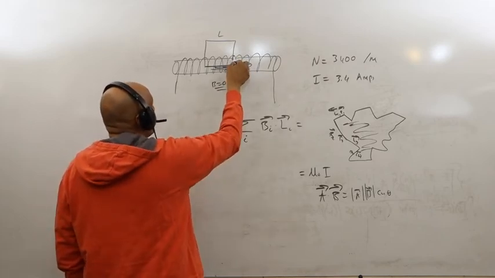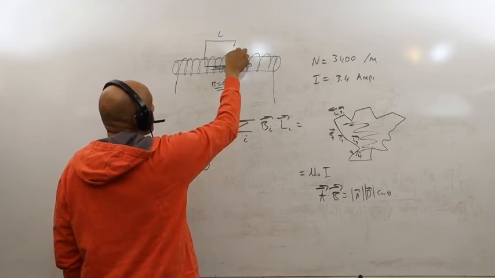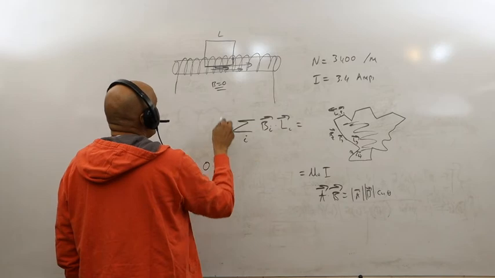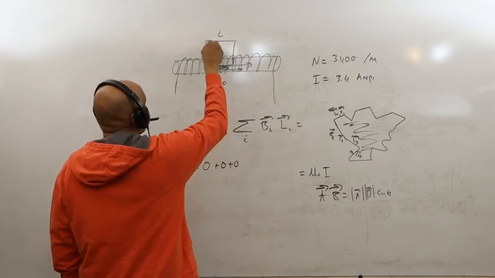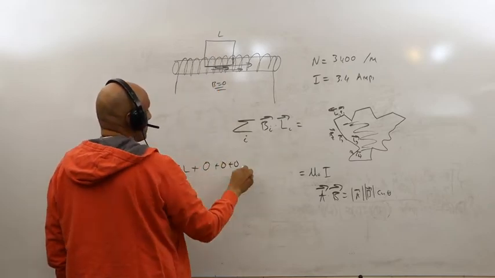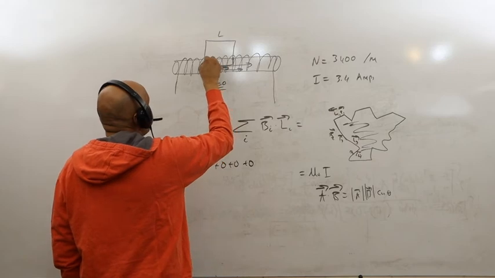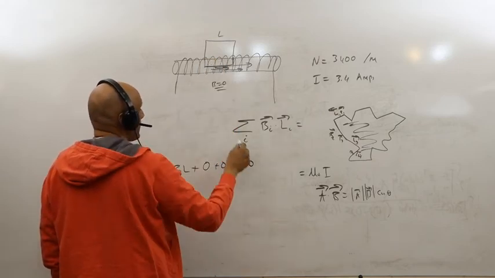And once I go from here to here, the magnetic field is supposed to be 0, so that's 0 anyway. And along from here to here, the magnetic field is 0 anyway. So from here to here, before it reaches the actual windings, that is 0 also. And then from here to here, the length and the direction of the magnetic field are perpendicular, so that's 0.